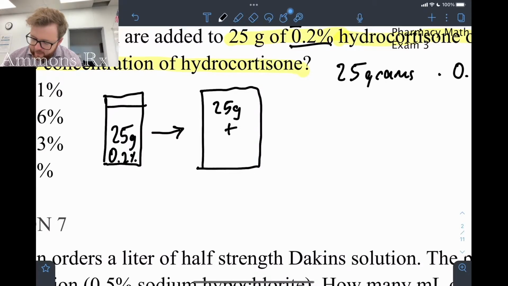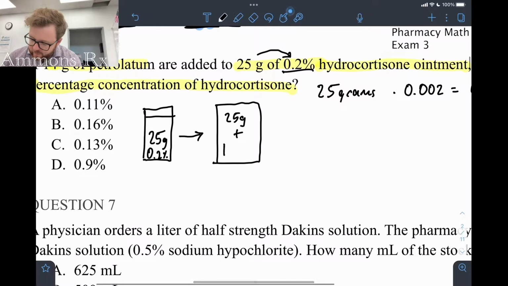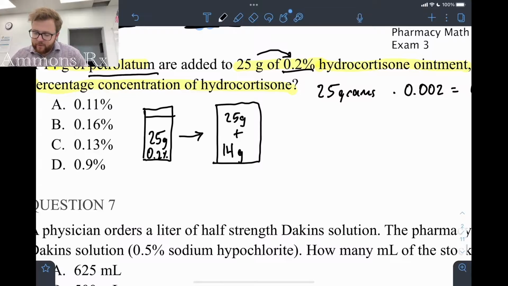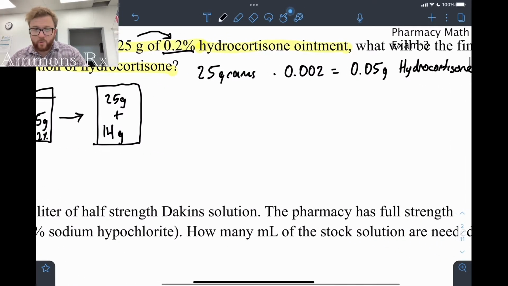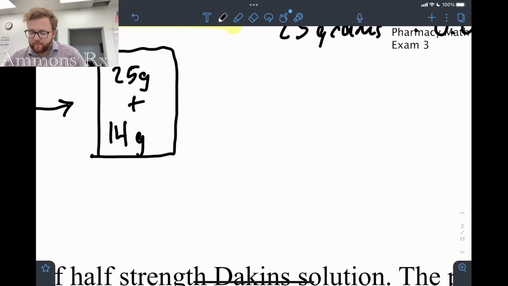But then we're adding our petrolatum, which we added 14 grams. So in the end, we only have one active ingredient, which is our hydrocortisone, and then we now have petrolatum, which if you remember anything about adding water to something, water doesn't matter. You know, water is 0%. So in this instance, petrolatum you could consider as 0%. Okay. All we're doing is changing the volume or the amount.